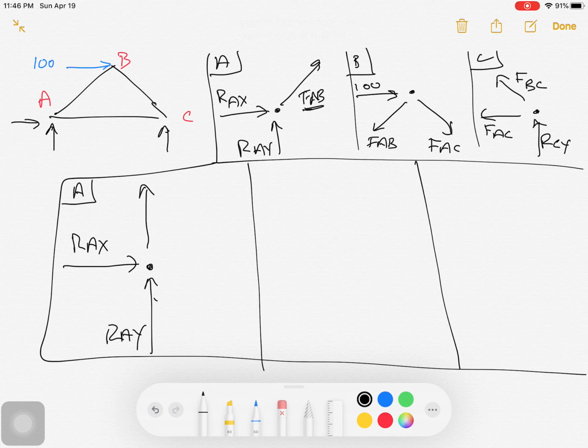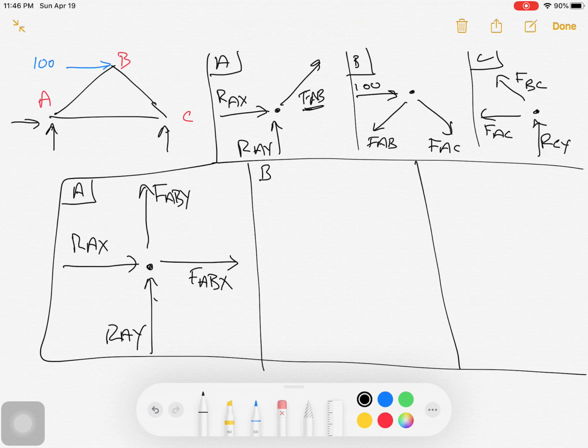We're going to replace that with a force that goes up and a force that goes right. Now, what are we going to call these? Well, it was force AB, so there's going to be force ABY, the Y component, and force ABX, the X component.